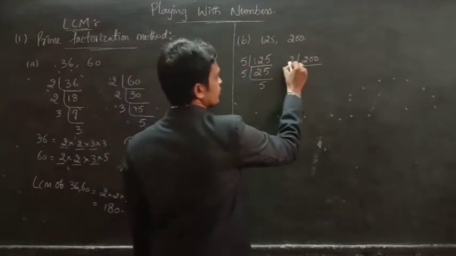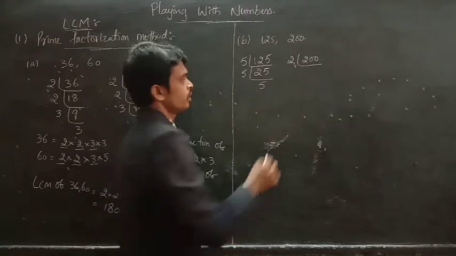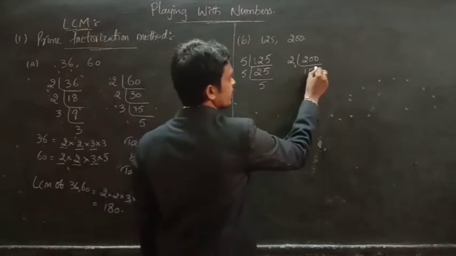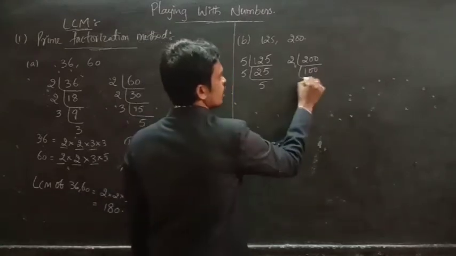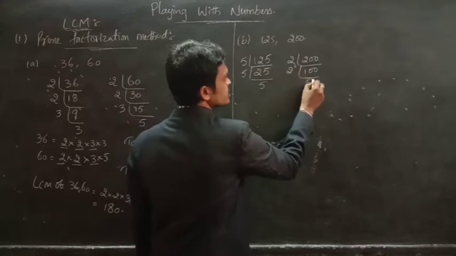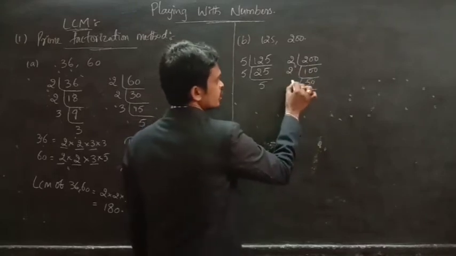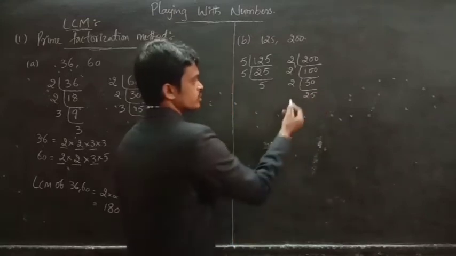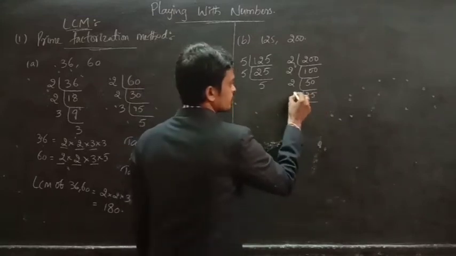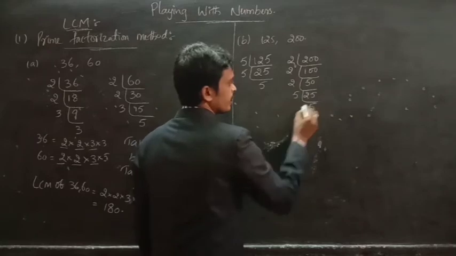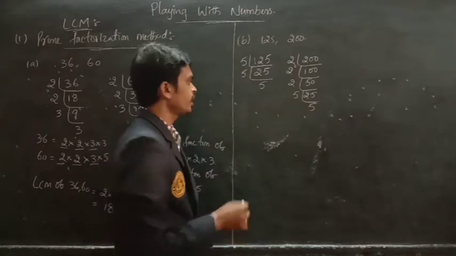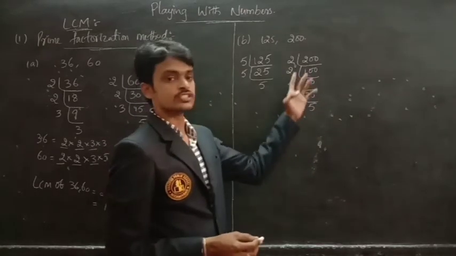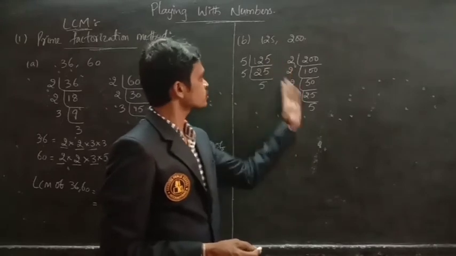Again we can go with the 2 table: 2 ones are 2, remaining 2 zeros, and 2 fifties. Next again, 2 twenty-fives. Next we can divide with the 5 table: 5 fives are 25. Now let us write the factors of these two numbers.